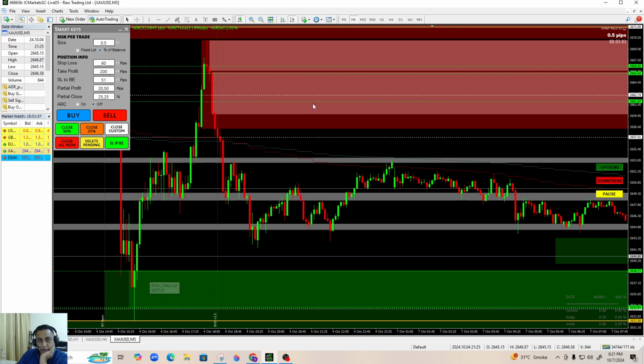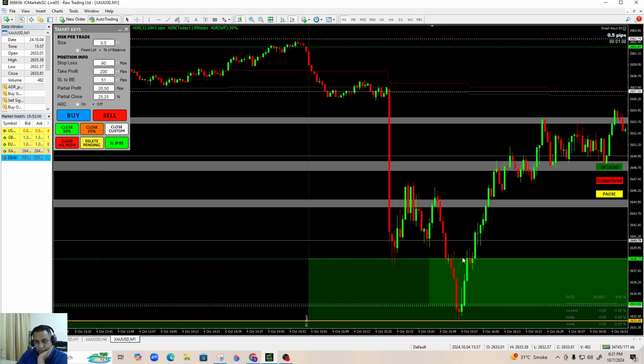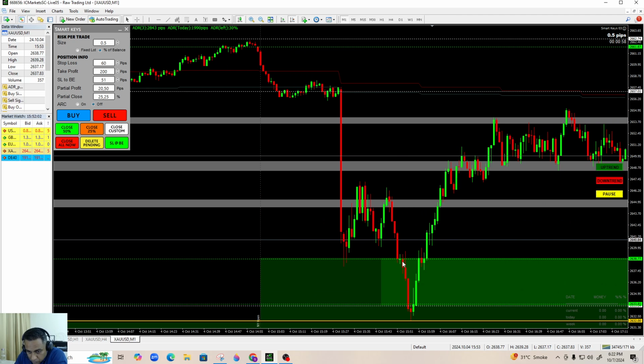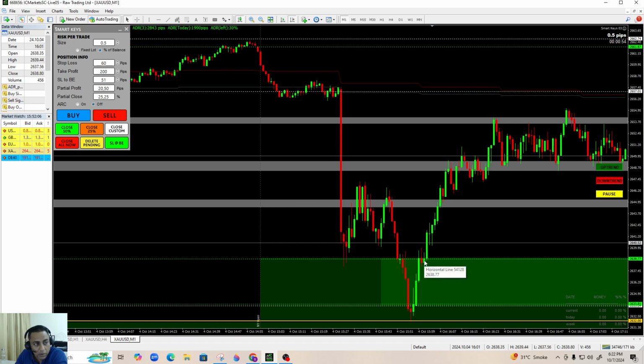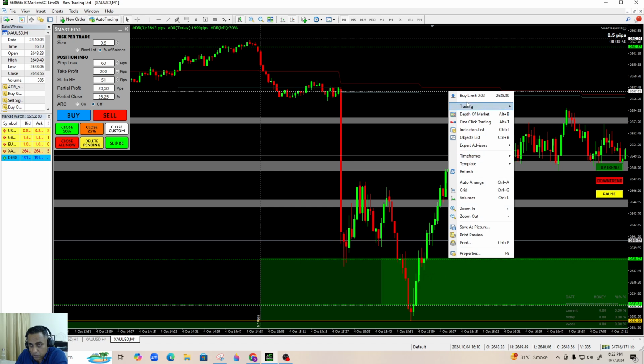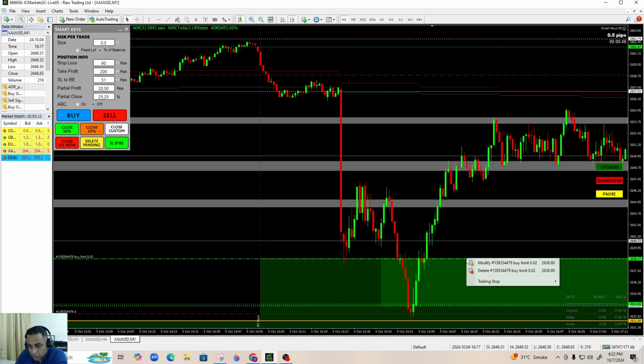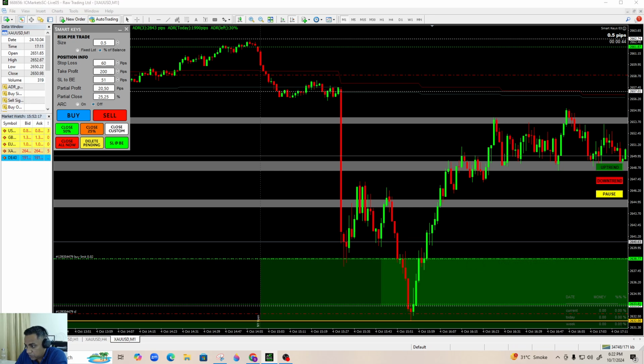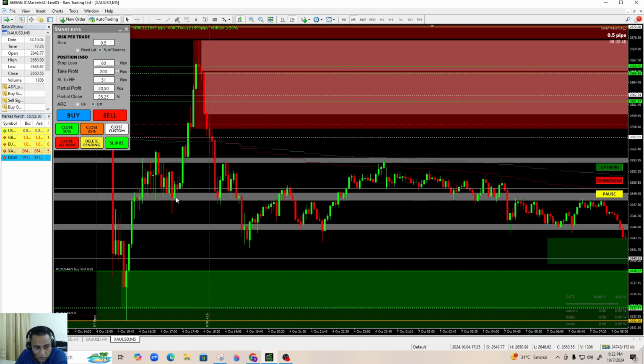I'm going to place a pending order here. This open is 877. This close is 80. Place a pending order there, 877, and stop loss below this candle for now.